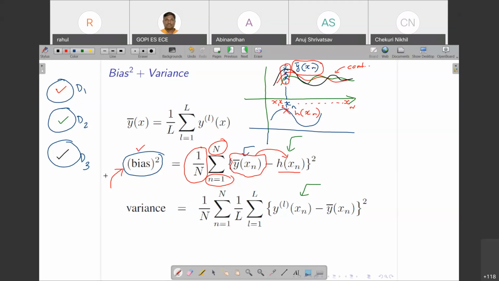But now you have another term called the variance. So what is that variance? Variance is how far the individual curve deviates from this mean average. To understand that, let me plot this once again here. You have these three plots.